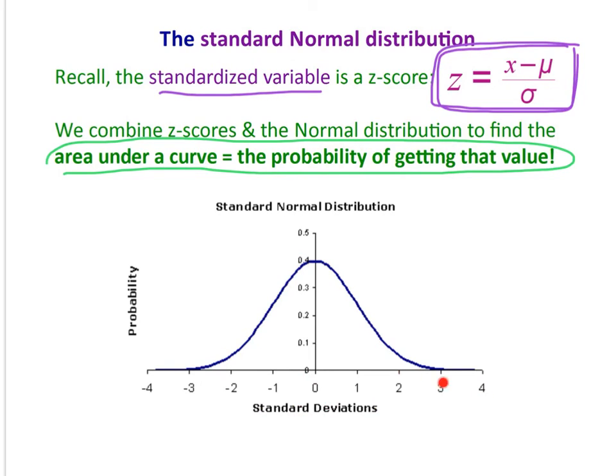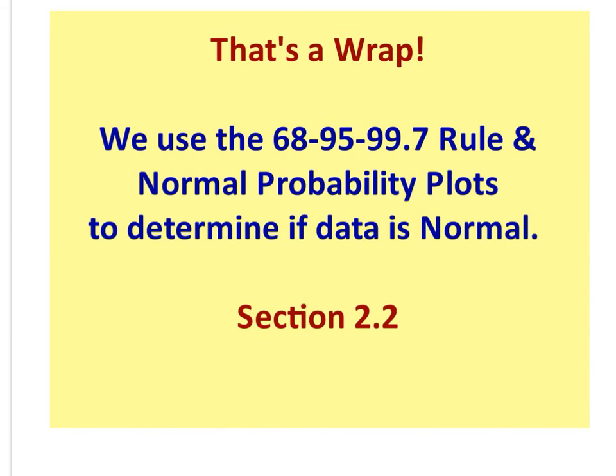And we can use our z-scores to find the area under the curve, and that's going to tell me the probability. So we're going to be working with this in class in very tangible, real ways to determine if data is normal.